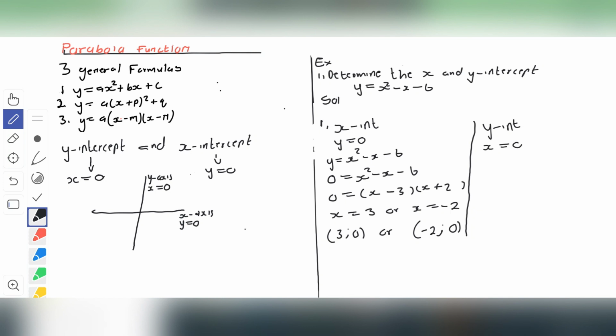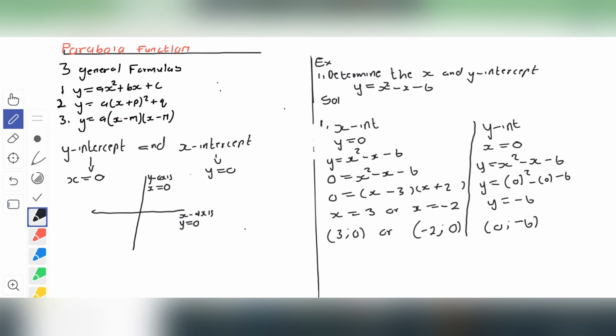That's why we always write x equals 0. So now we write our given equation and solve for y. Where we see x, we replace it with 0, right? It's going to be 0 squared minus 0 minus 6. Therefore, our y is equal to negative 6, meaning we have (0, -6) as the y-intercept coordinate.